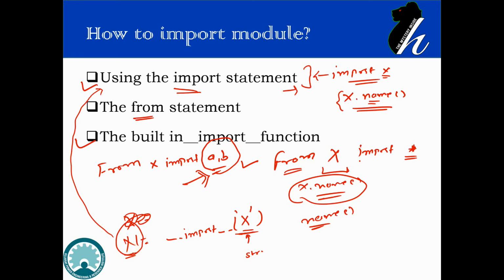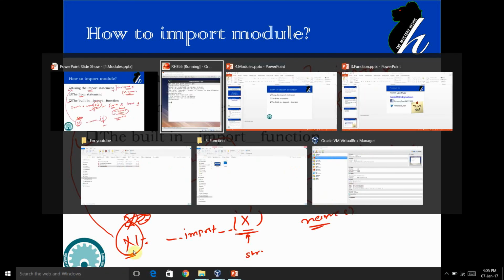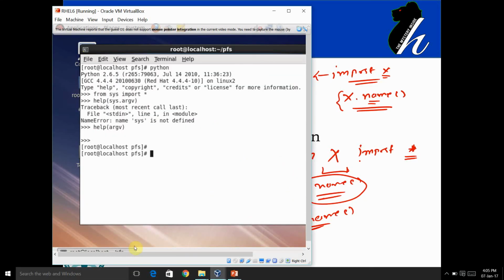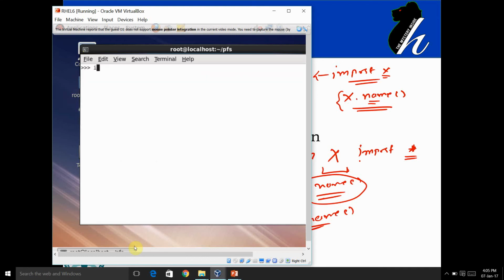For example, let me demonstrate: Control D, once again the PyInterpreter, Python. Now let me import, let's say Hardik equals double underscore import, with the name of the module in the form of a string, which is the built-in method to import a module.